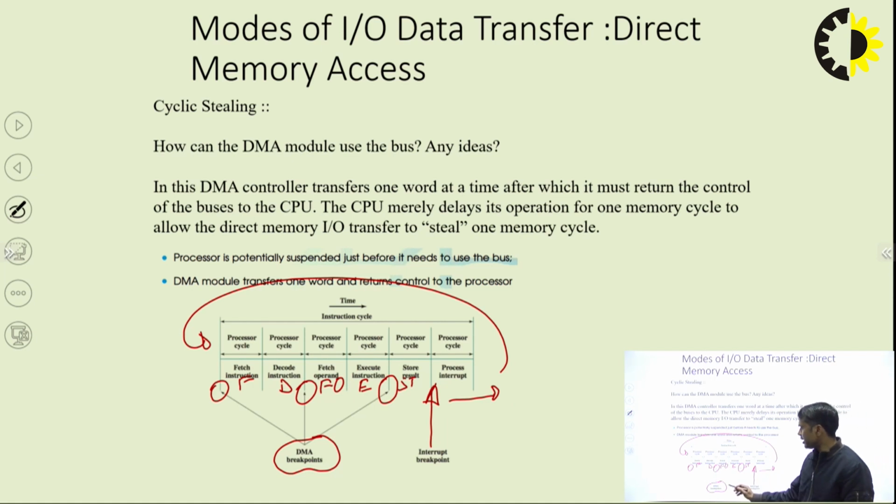So, basically DMA is doing the task of stealing the CPU cycles for using the bus. This is a very important thing about DMA, that it works one by one: first CPU, then DMA, first CPU, then DMA, taking the buses of the CPU to transfer the data from the main memory or IO interface.